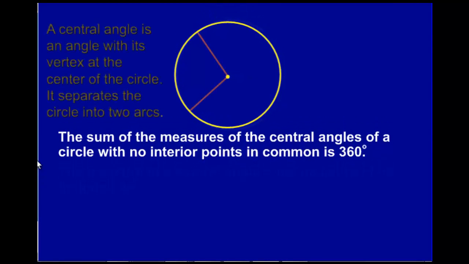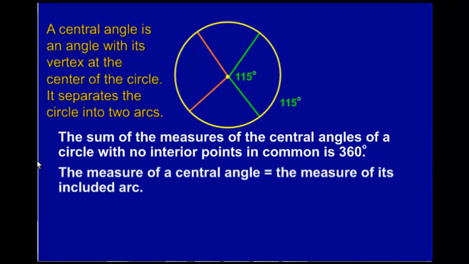Okay, so when we have a circle, a central angle is an angle with its vertex at the center, and it separates the circle into two arcs, what you see here in front of you. And the key to a central angle is the vertex, which is here at the center.